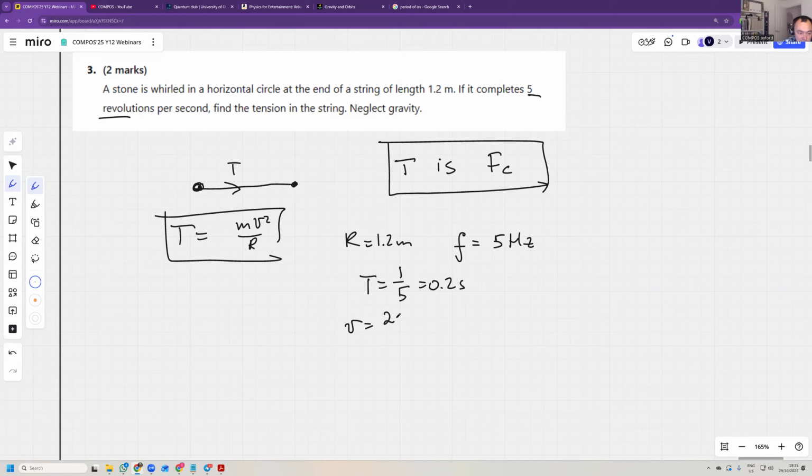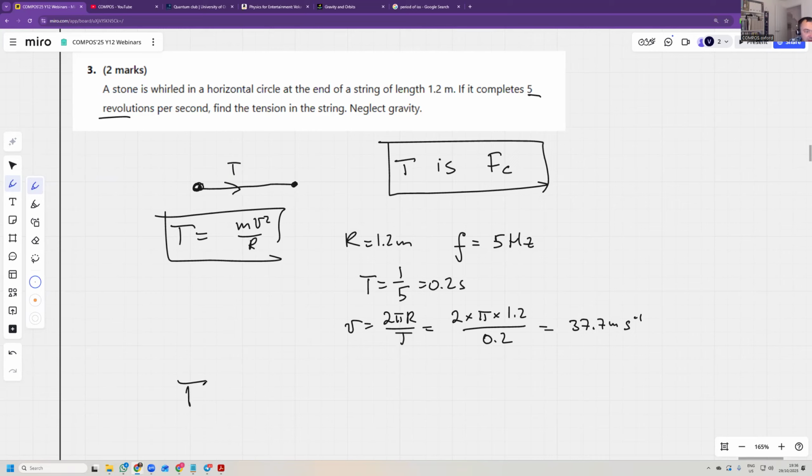And the speed is 2 pi r divided by time period, which is 2 times pi times 1.2 divided by 0.2, which is 12 pi, about 37.7 meters per second. That's the speed.